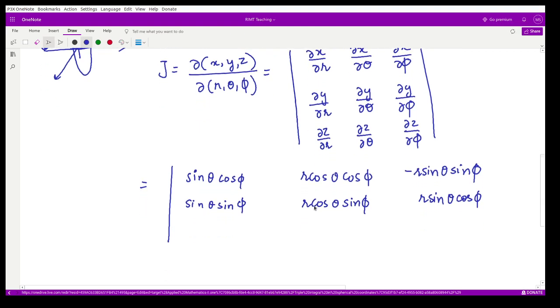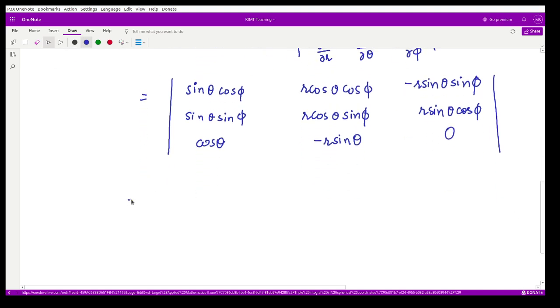And the next terms are cos theta, then minus r sin theta, and then 0. Now we can calculate the determinant. When you simplify this, you can take r square sin theta common, right? How? You can take r common from this column and r common from this column, so you have r square, and you can also take sin theta common from here, so you have sin theta.